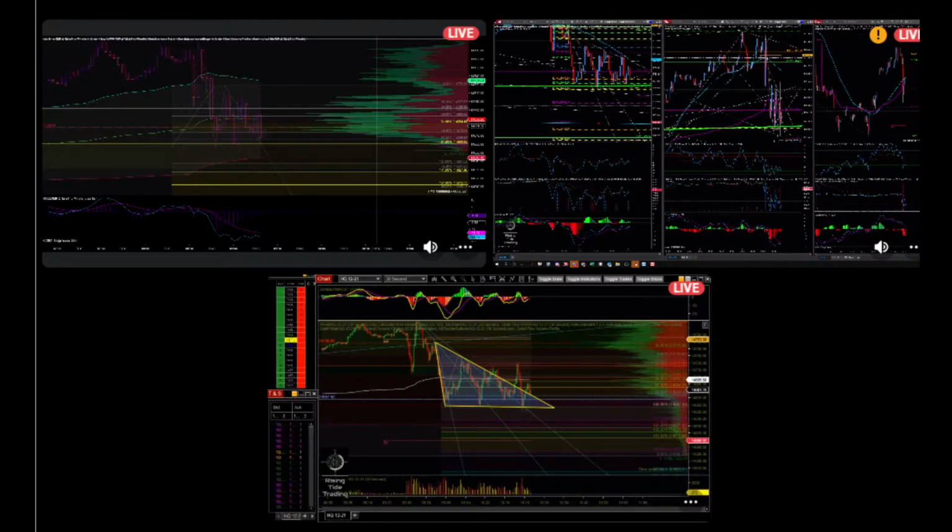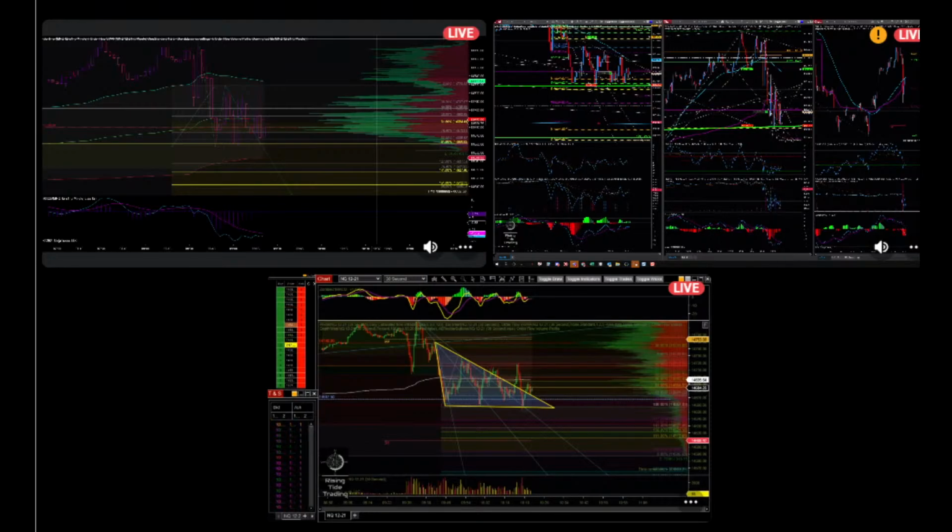Another retest of the symmetrical triangle. Time for somebody to do something.